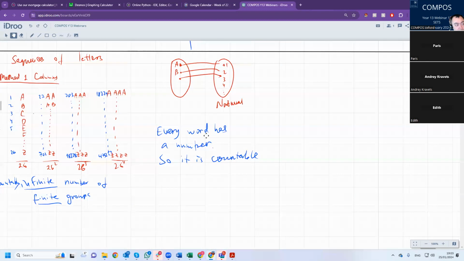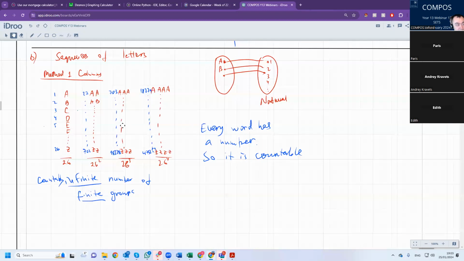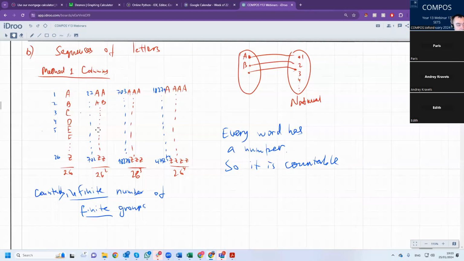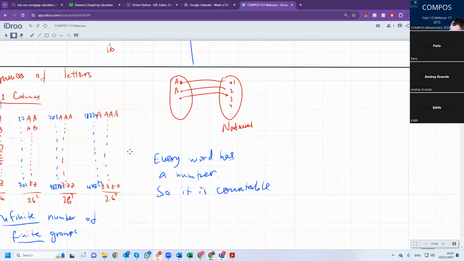You could also argue that the alphabet could represent numbers. The alternative way of thinking: method 2.